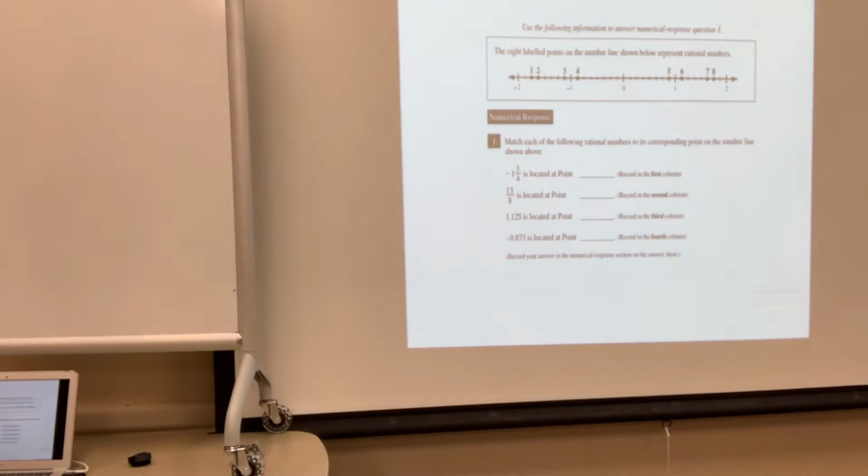So if we turn each of the numbers into fractions with a denominator of 8, it looks something like -1, 6/8, 1, 5/8, 1, 1/8, and -7/8, right?